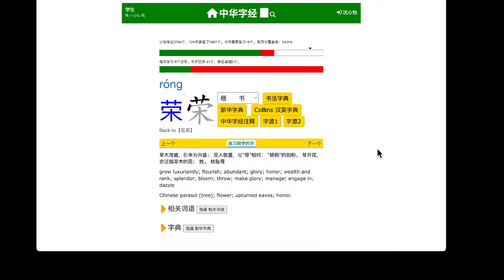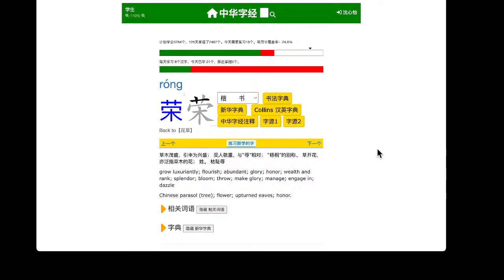Okay, that's called the 荣. It also means that someone has been respected and praised. That's called a 荣. Okay, as opposed to condemned and despised.